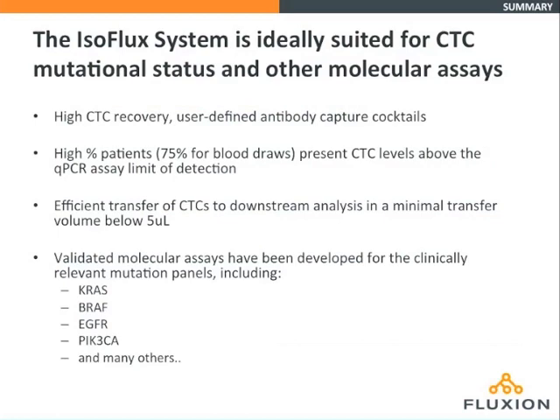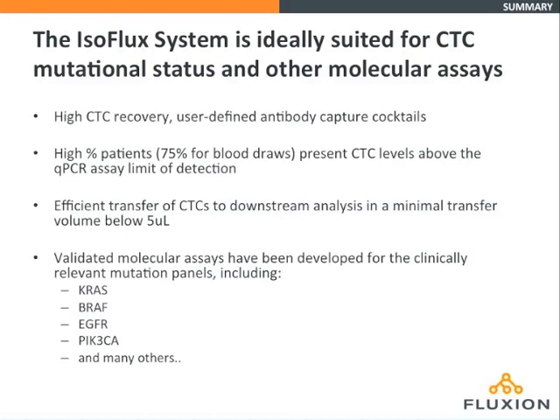So in conclusion, I hope I showed you some compelling data and convinced you that the IsoFlux system has been built and is ideally suited for mutational status determination for circulating tumor cells. I think this is due to the emphasis we've put on the high CTC recovery and the flexibility of the system with user-defined antibody cocktails being available.